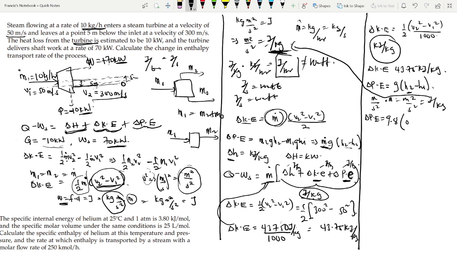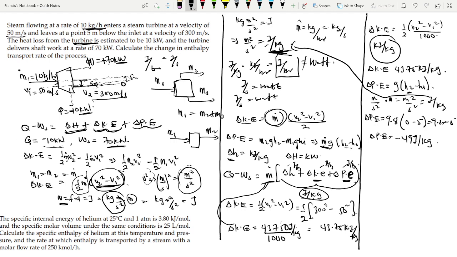So h2 is 0 and our h1 becomes 5. When you do that, you're going to get 9.8 times negative 5. Our change in potential energy becomes 9.8 times negative 5, so you get negative 49. Take note, your unit will be in joules per kilogram.